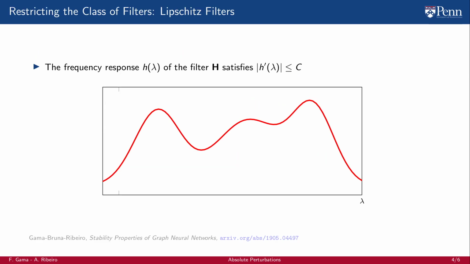In particular, we will restrict our attention to the class of Lipschitz filters. Lipschitz filters are those whose frequency response satisfies that their derivative is bounded by a constant c. The plot shows an example of a Lipschitz filter.